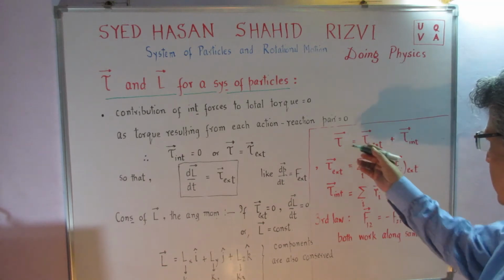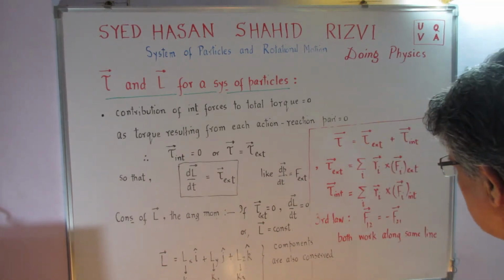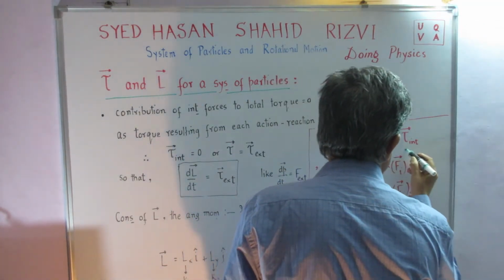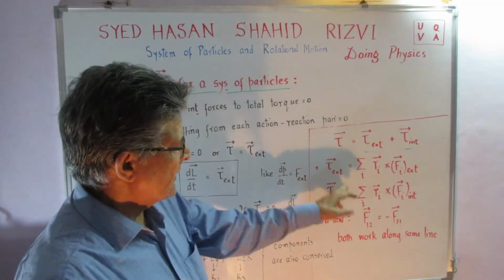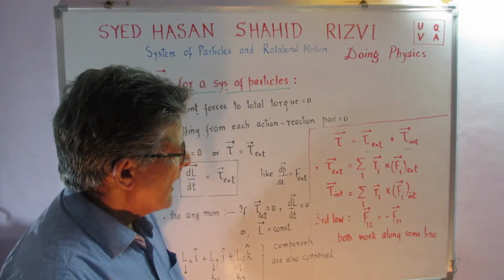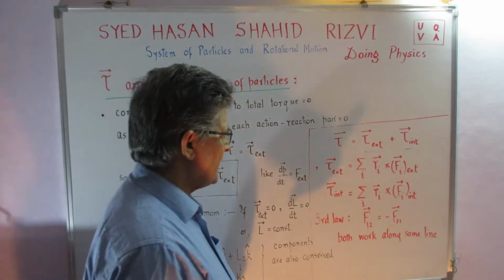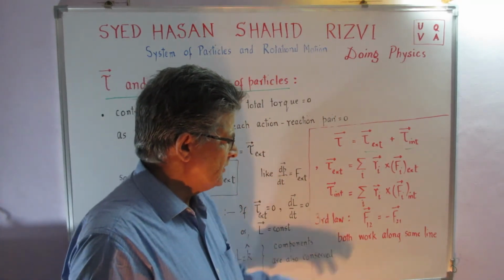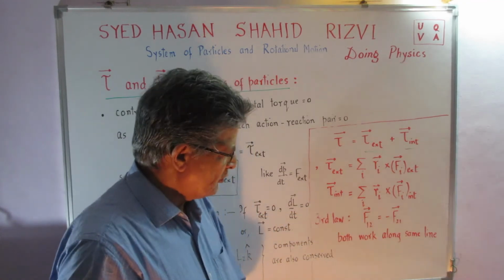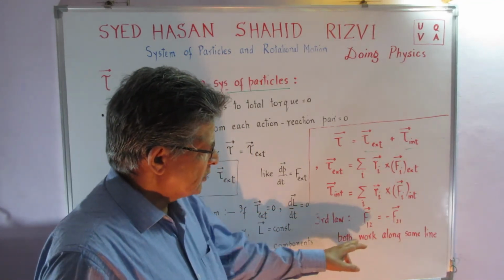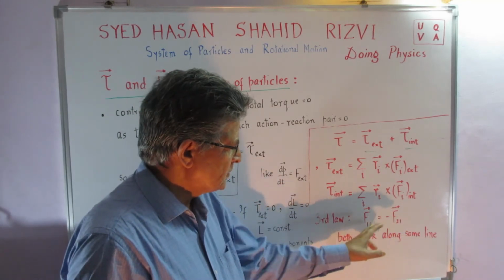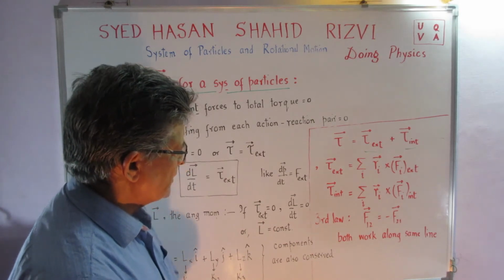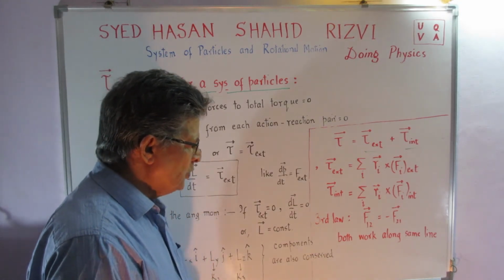We come to the conclusion that the torque can be of two types. One is the external and the other is the internal, which are defined like this. I have done it before, and we discussed that drawing from the third law, F12 is equal to minus F21, and both these work along the same line, on the line joining any set of two particles 1 and 2.